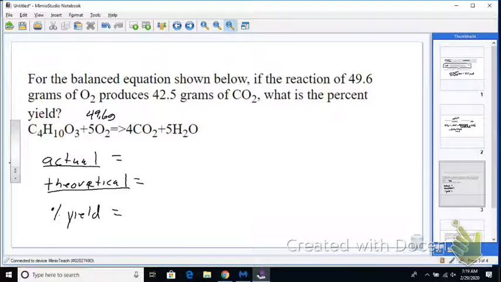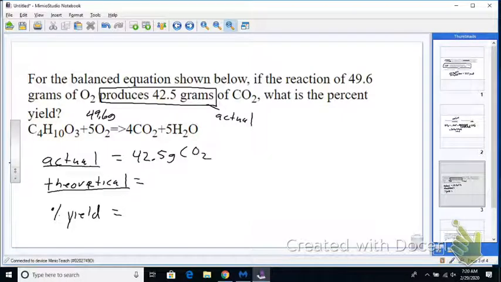We are given 42.5 grams of CO2. Anytime they tell you how much is made, this is how much is made. This is going to be the actual. So we know the actual: the actual is 42.5 grams of CO2.